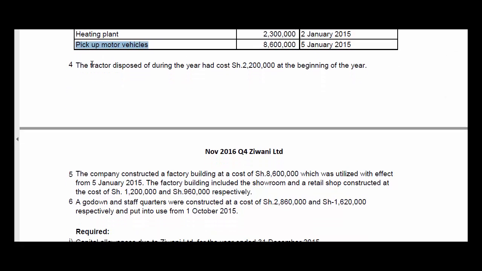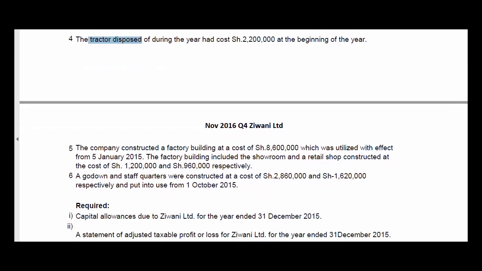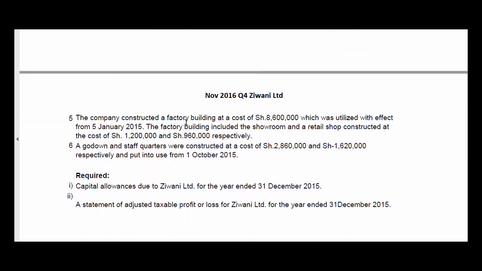Let's look at number 4. Again, it has to do with a tractor. It is not an industrial building. We go to number 5. Number 5 says we have a factory building. So the factory building was the factory itself, which you have already looked at separately. Now the industrial building will be this one, the showroom and the retail shop.